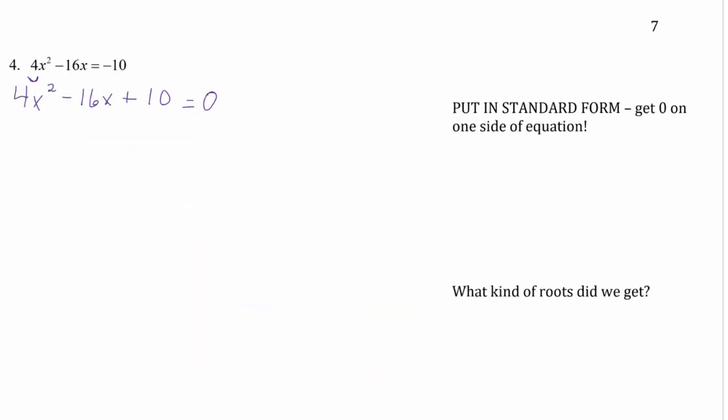So now I want to show you a second way you could have done that last problem. And some of you may have noticed when you went to rewrite the quadratic equation in standard form that all of these coefficients, the 4, the 16, the negative 16, and the 10, that they were all divisible by 2. So because we started out with an equation, we are allowed to divide by the 2, which is the GCF, first.